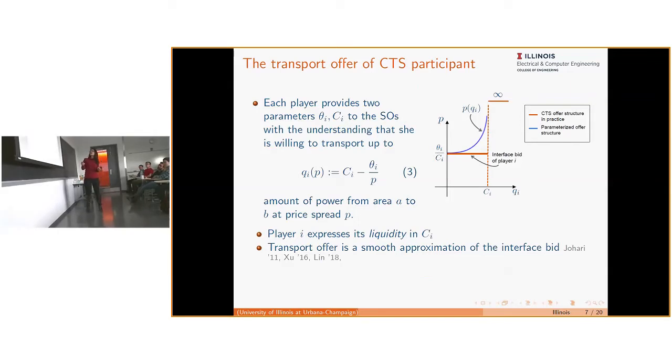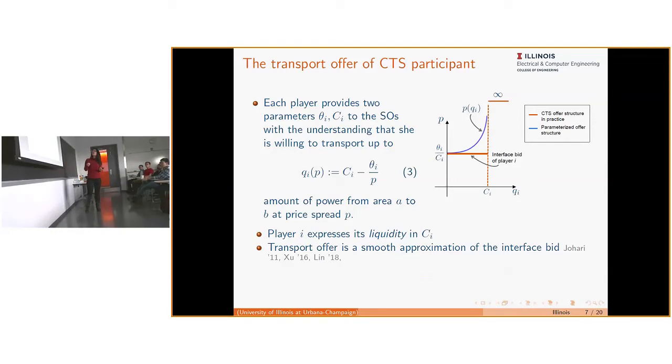More specifically, player i is willing to transport up to a maximum quantity c_i at a minimum price spread specified by theta i over c_i, and the price difference required increases, as you can see, with the quantity to transport, and it approaches infinity as the latter approaches the limiting value c_i. So essentially, c_i can be viewed to express each market participant's budget constraint or to reveal their liquidities.